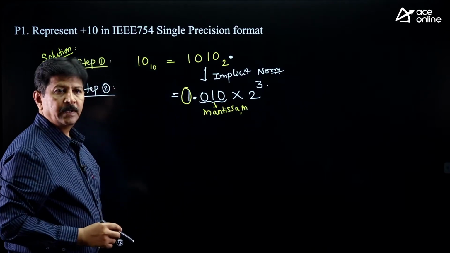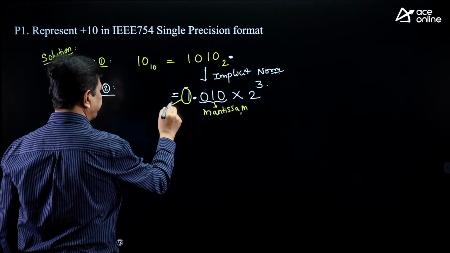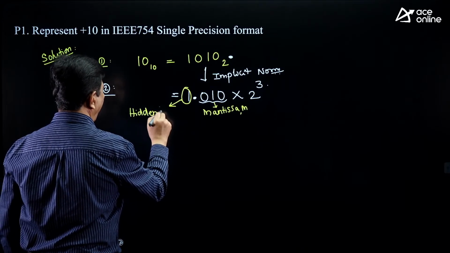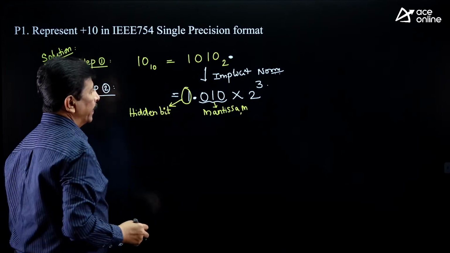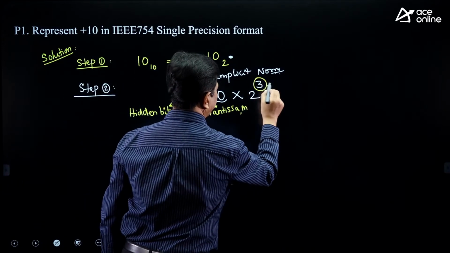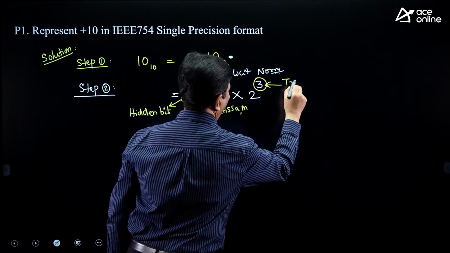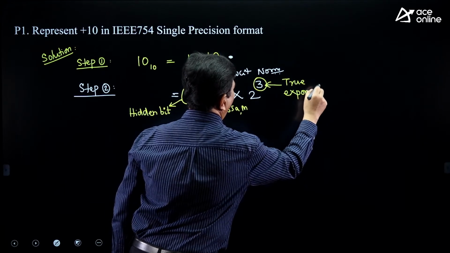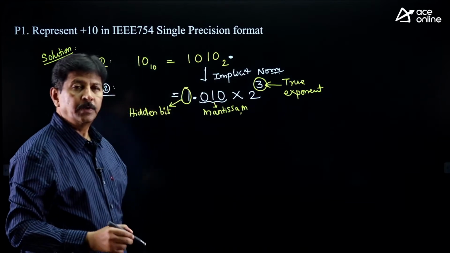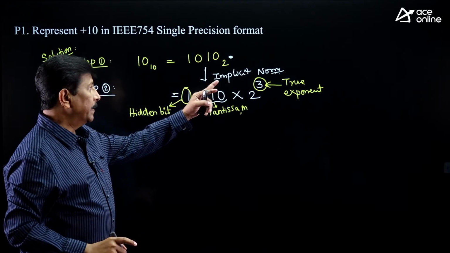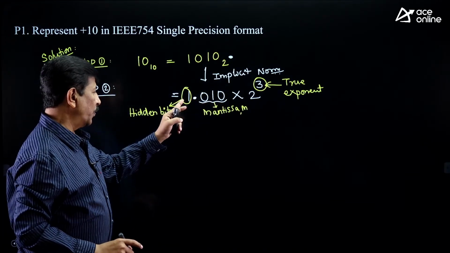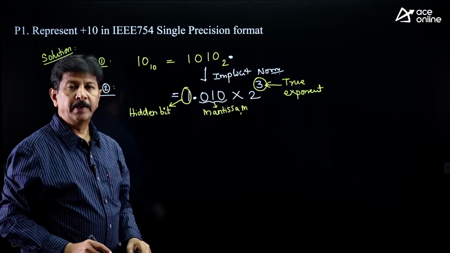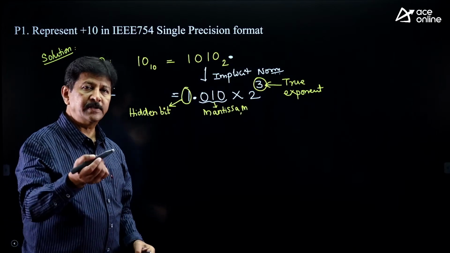What do you call this? This is called the hidden bit. And then this is called the true exponent. So step number 2, after implicit normalization, find out the hidden bit, the mantissa, and the true exponent. Now the third step, find out the biased exponent.